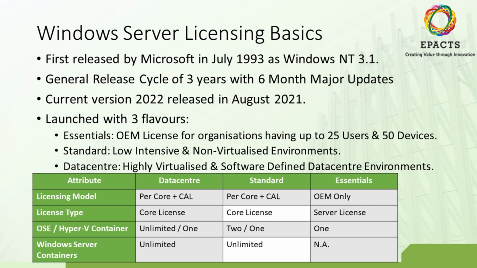The license type here is a core license, whereas in Essentials, it's a single license that's tied to the hardware. As far as your operating system environment and Hyper-V containers are concerned, you can have virtually unlimited virtual machines. So the OSE is for virtual machines and one Hyper-V container. We'll come to the containers part in a bit. And the Windows Server containers that you can have is unlimited. We'll touch base on that in the coming slides.